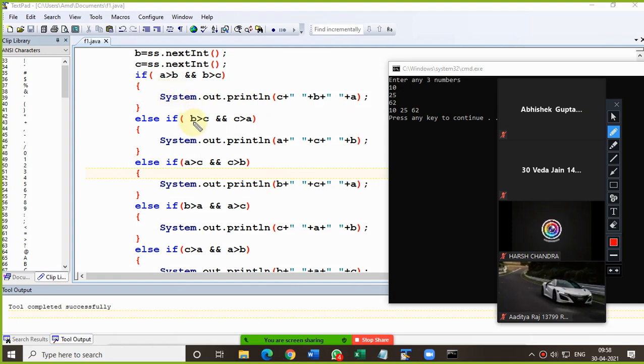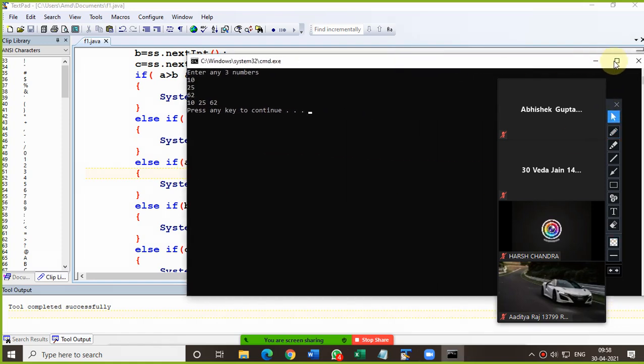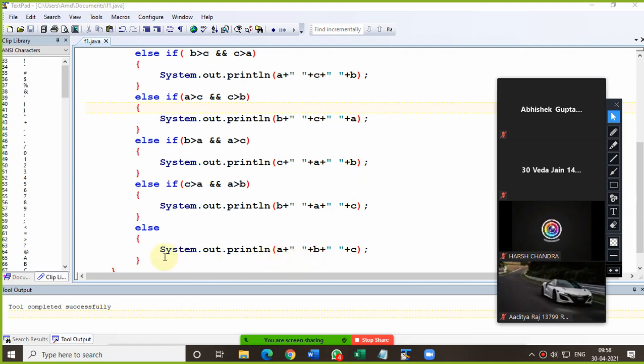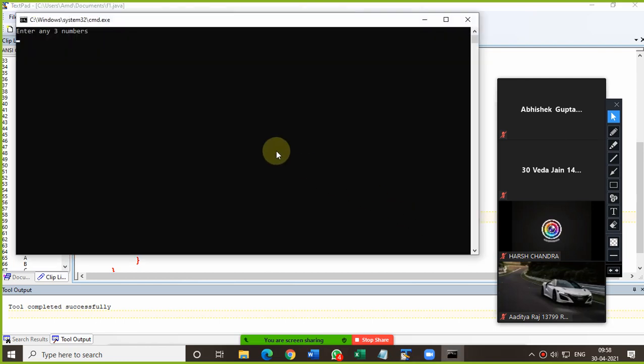Now the second is also false. So this one is also false. So we are printing A, B, C. So directly the ABC part has to be executed. That is your last else that will execute. Am I clear? Now one more time, let me execute the program.